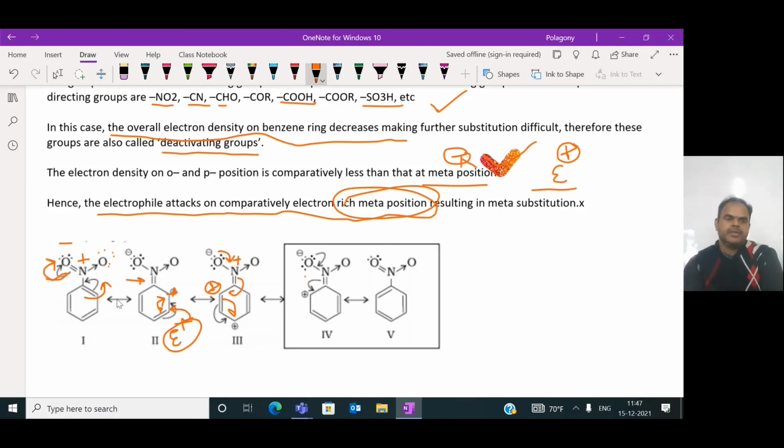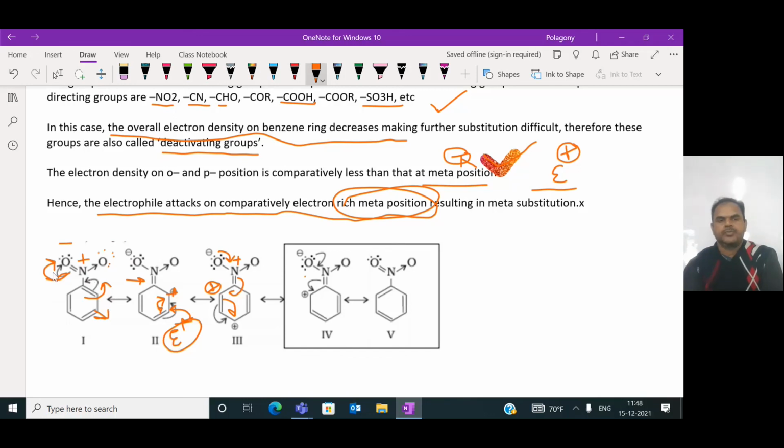That means what we understand from this resonance, delocalization of electrons, is that electron density is more at the meta position. Here is the meta position.